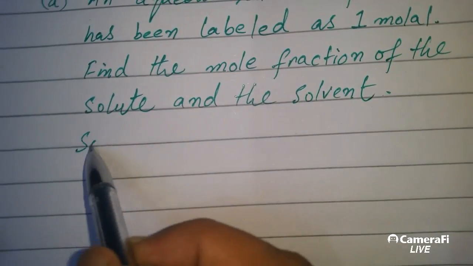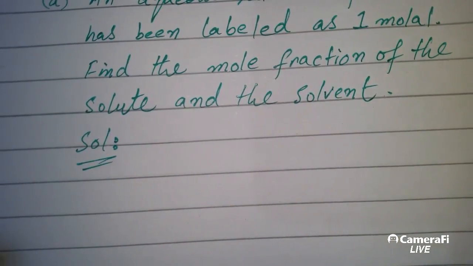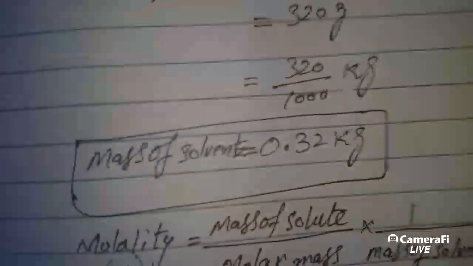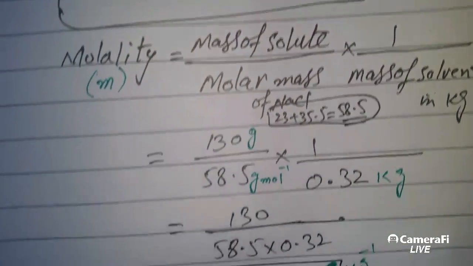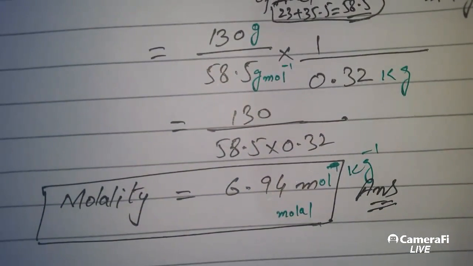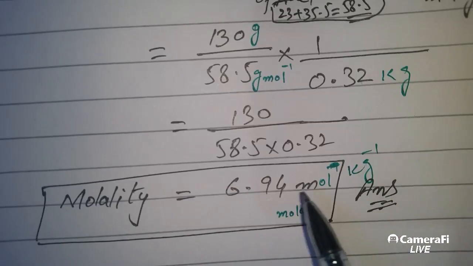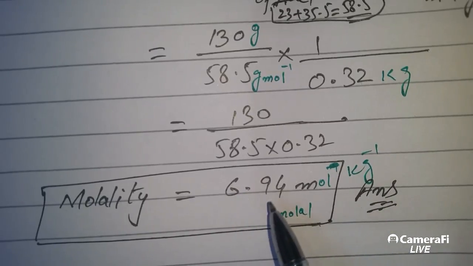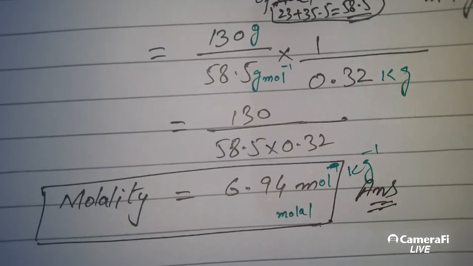In this case, again we are given a solution which is 1 molar. In the previous case, we studied that 1 molal means mole per kg.